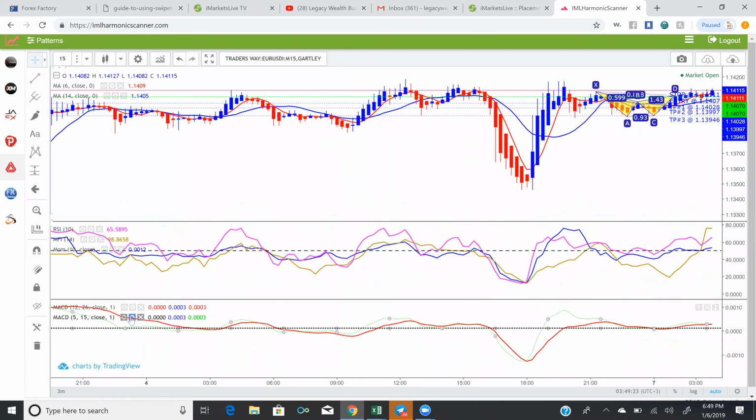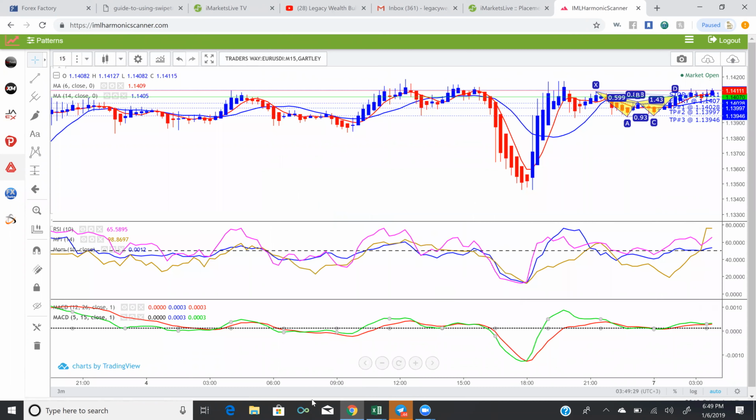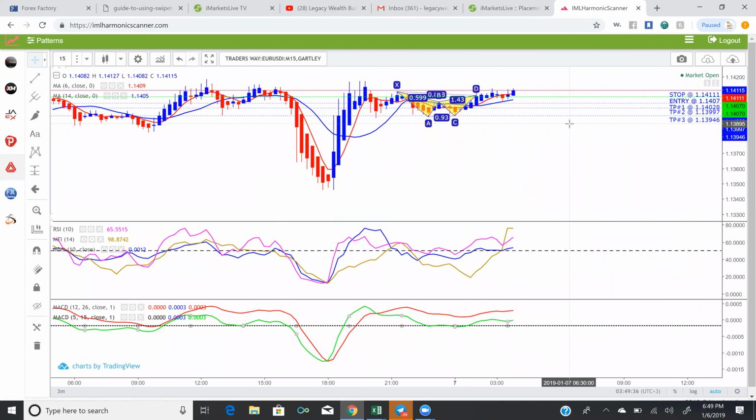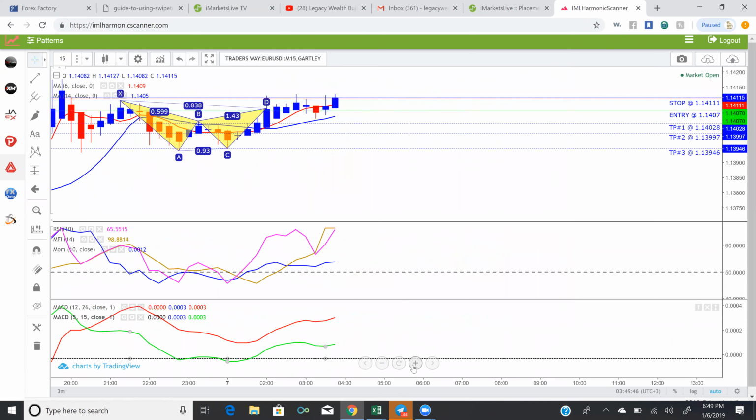But something happened where my lime green, what happened? No. There we go. So now we have our indicators here. Do we have any questions thus far, guys?